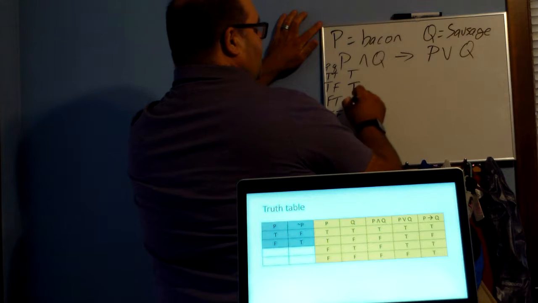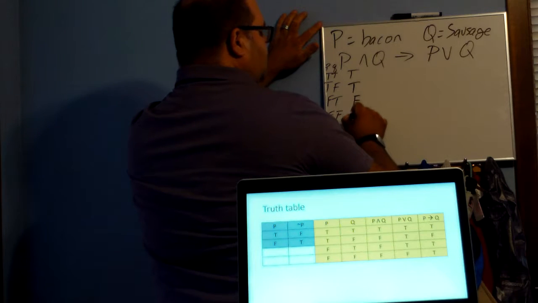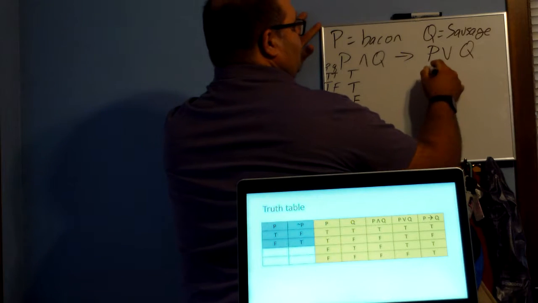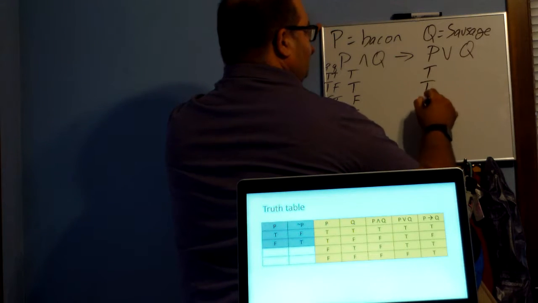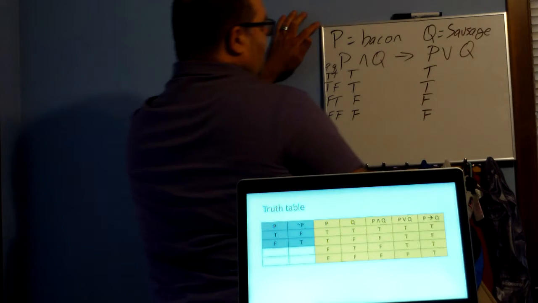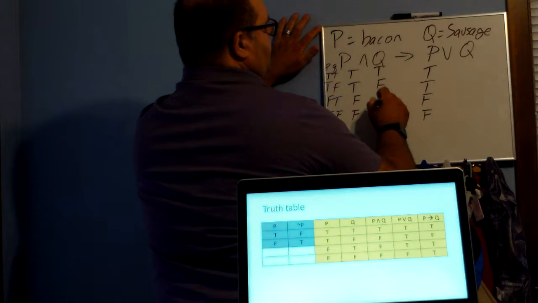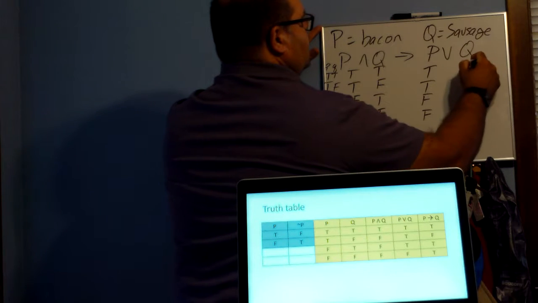So anywhere we have a P, we put a true or a false as shown by the particular cases. With Q, true, false, true, false.